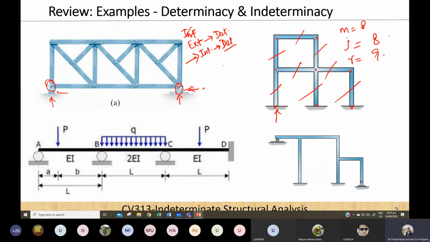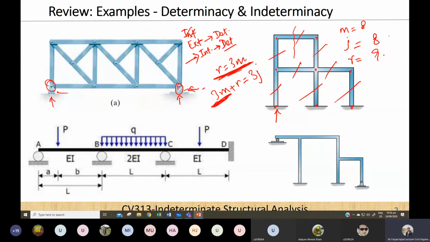And this is the difference between that formula, R is equal to 3N, and 3M plus R is equal to 3J. Now if you want to apply the first formula, you have to do the method of sectioning, take the internal forces at each section, and then get the internal indeterminacy.